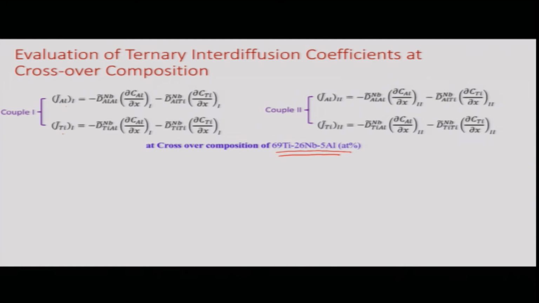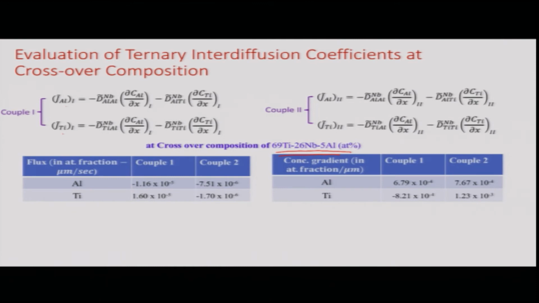In order to get an idea about what orders of magnitude the fluxes and the gradients are, I have actually listed the numerical values of interdiffusion fluxes in the left side table and of concentration gradients in the right side table here. So the fluxes you can see for aluminum and titanium in couple 1 are about 10 to power minus 5. The units of flux noted here is atom fraction micron per second.